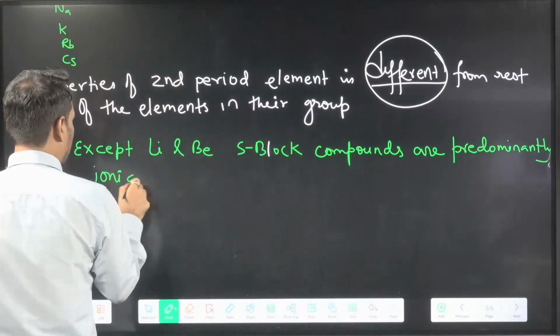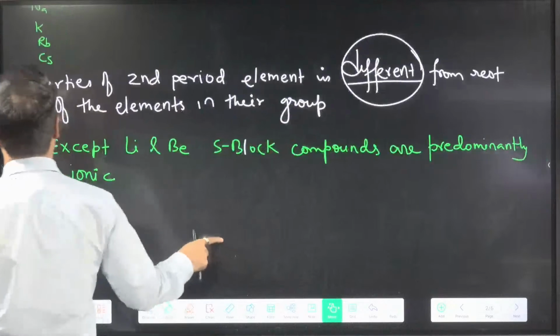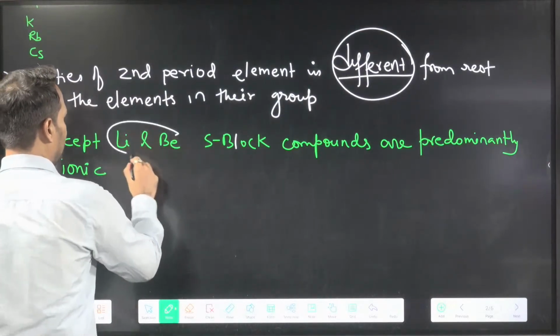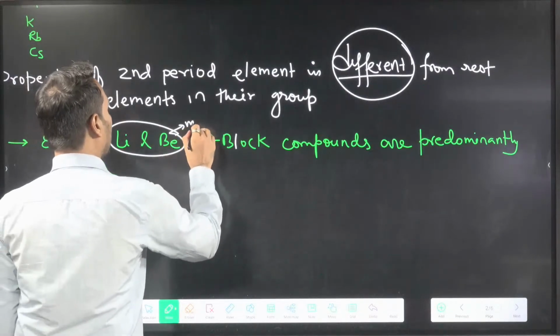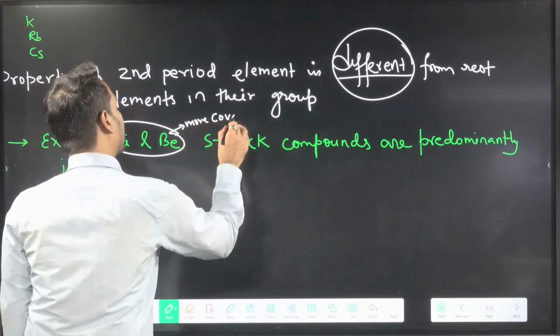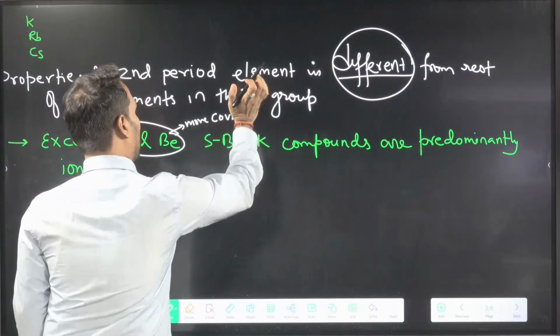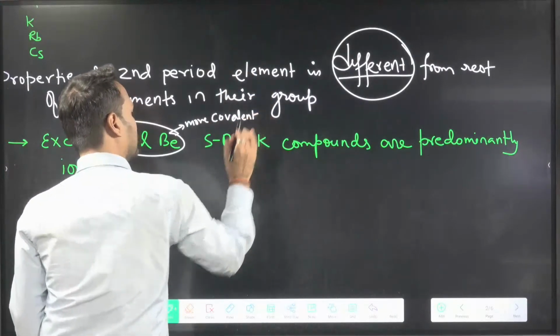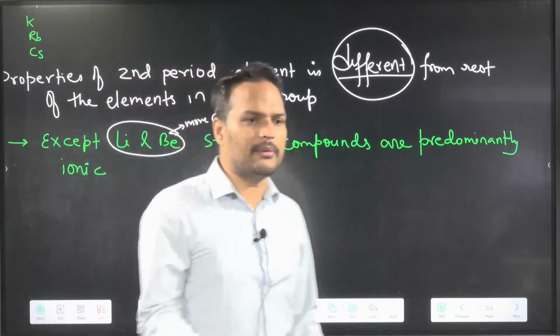Have you heard about this statement? This comes in the periodic table 2 times. They are saying that lithium and beryllium compounds are having more covalent character, and the rest of the S block elements are ionic.